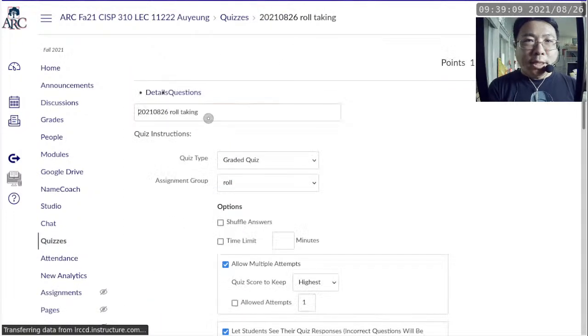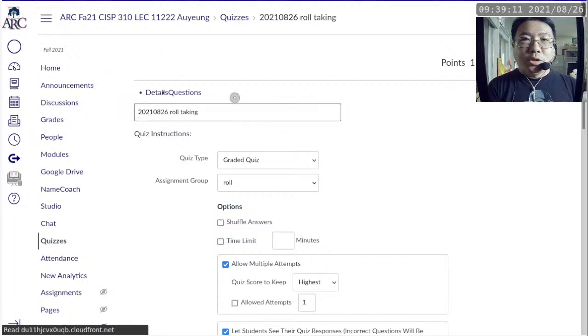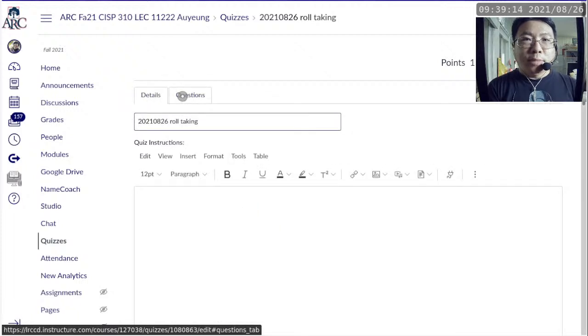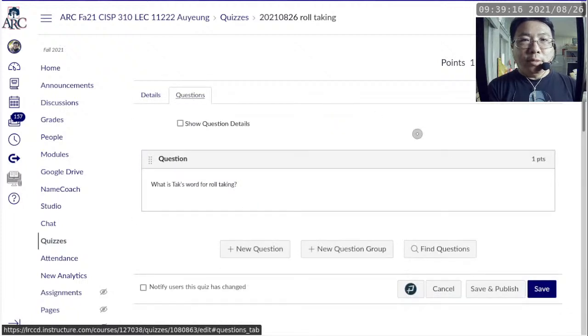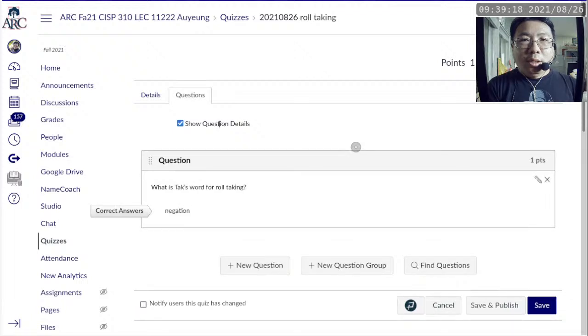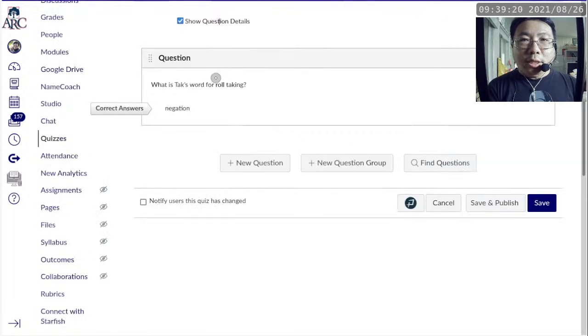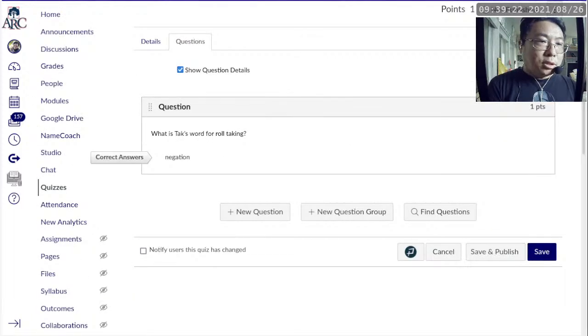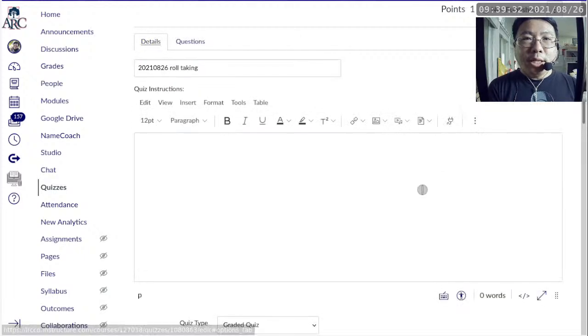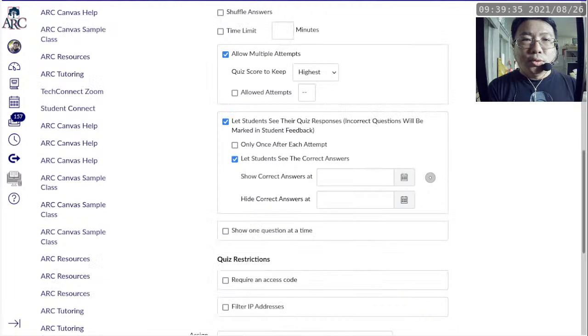It's not open yet, so let me show you the answer first, and then I will make this viewable to you, and then we can go answer that question. Alright, so the answer to the question is negation. I'm going to type it in the text channel, all lowercase, so this way you can just copy and paste it. Wow, I mean, that should be fairly easy. Okay, so I will give you guys close to 10 minutes to do this.